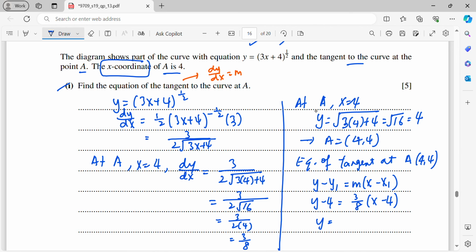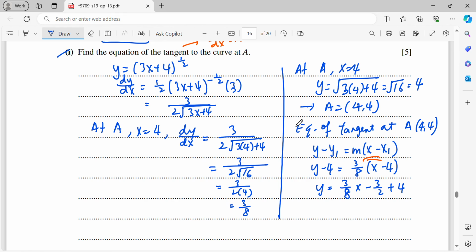Therefore, y equals 3 over 8 x. Now, this 3 over 8, you multiply into the bracket. So 3 over 8 times minus 4, you will get negative 3 over 2. And then the minus 4 moved to the other side is plus 4. Lastly, your y is 3 over 8 x plus 5 over 2. So that's the equation of the tangent.